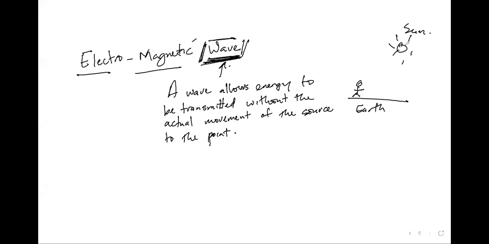So whenever energy is transmitted from a source to a point, and the source doesn't move, the sun is not moving, and you are here directly experiencing that sun, then we say that that energy is transmitted as a wave. And that is the basic definition of a wave.